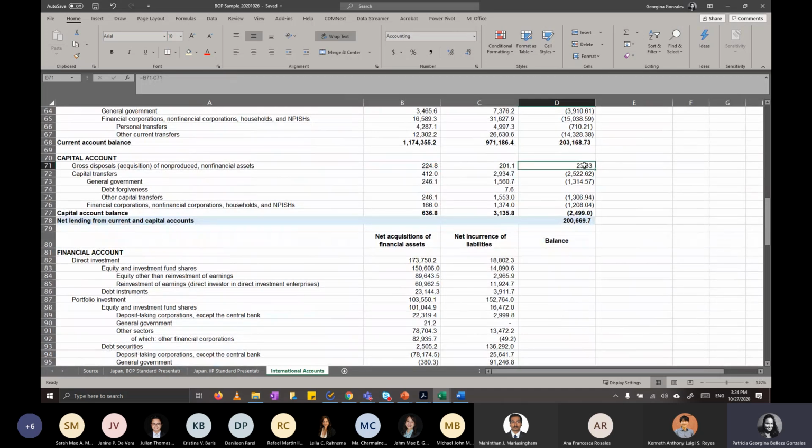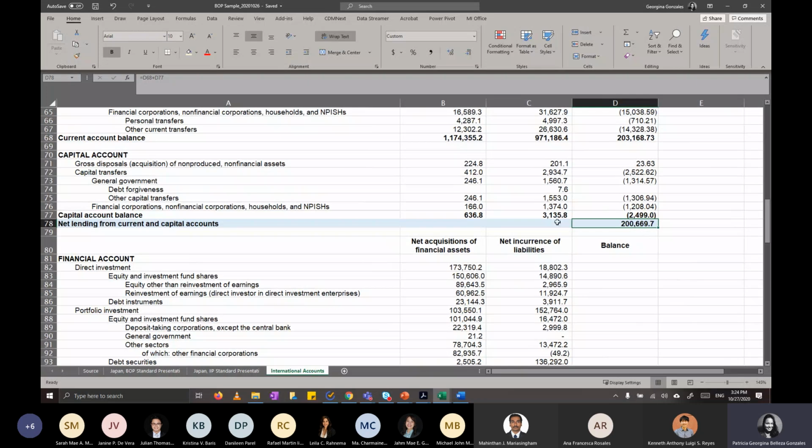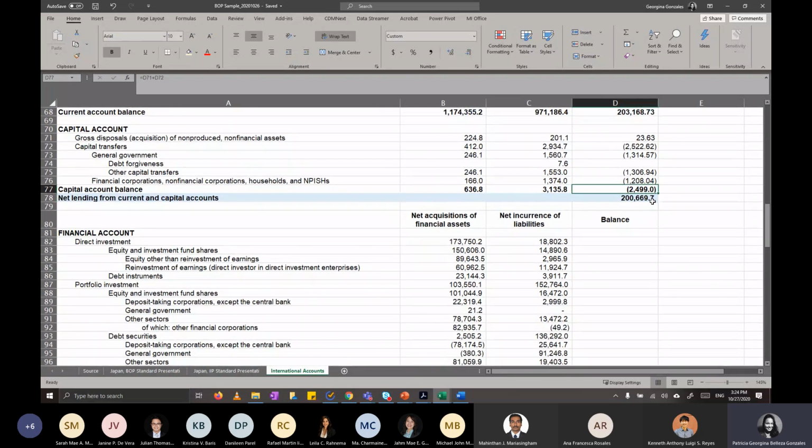And then the sum of the balances between the individual components would be your capital account balance. And then your net lending from current and capital accounts would be the current account balance here in cell B68 plus the capital account balance. So I'll illustrate later what relationship this has with the financial account balancing item.